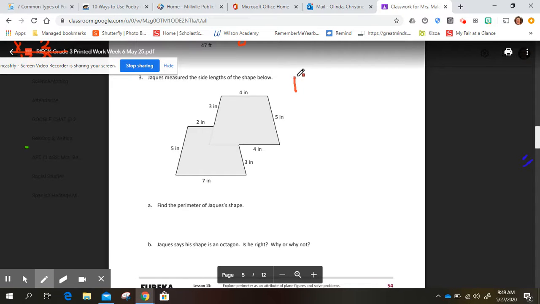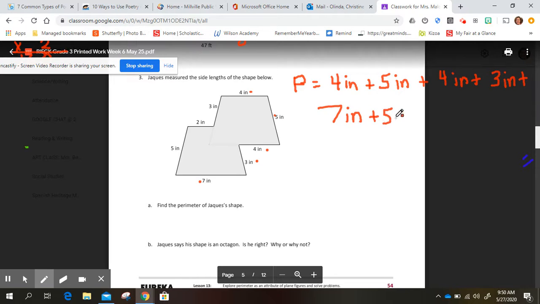So I'm going to do perimeter equals, that's a P, 4 inches, that's this side, plus 5 inches, that's this one, plus 4 inches, and that's this one, plus 3 inches, that's this one, plus 7 inches, plus 5 inches, plus 2 inches.